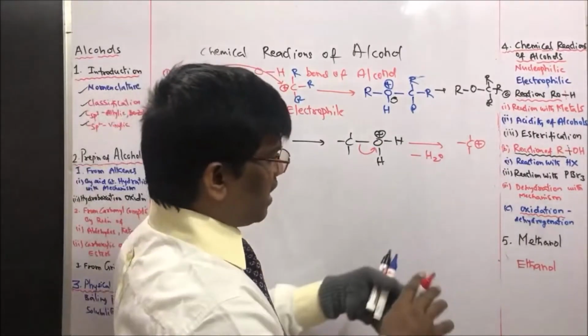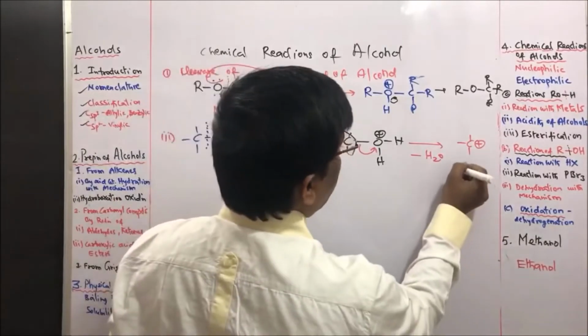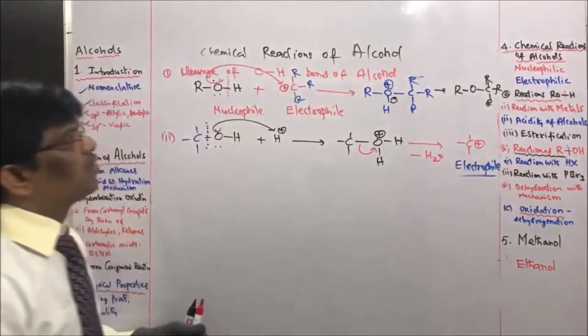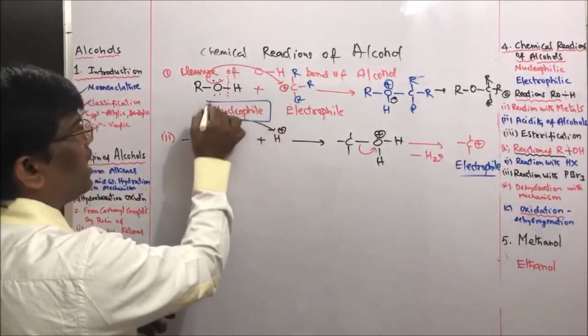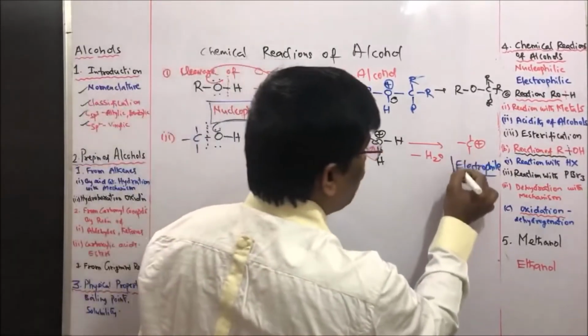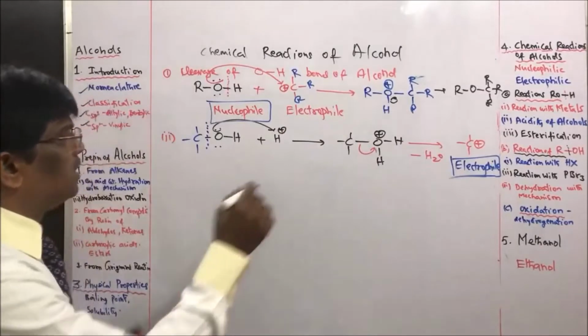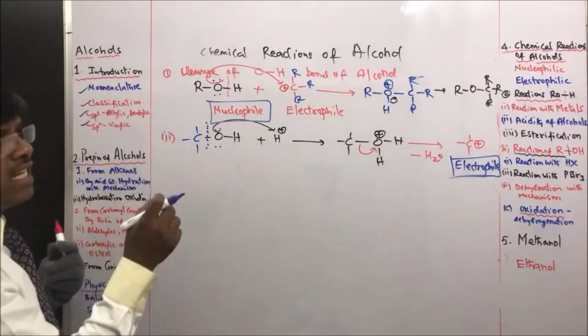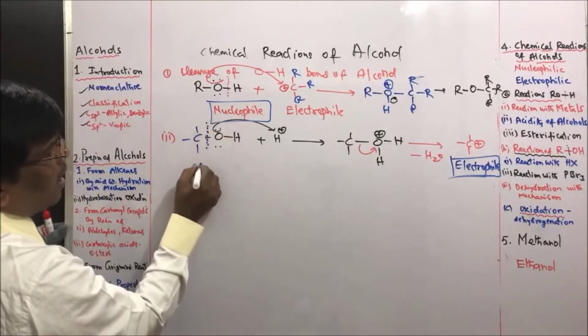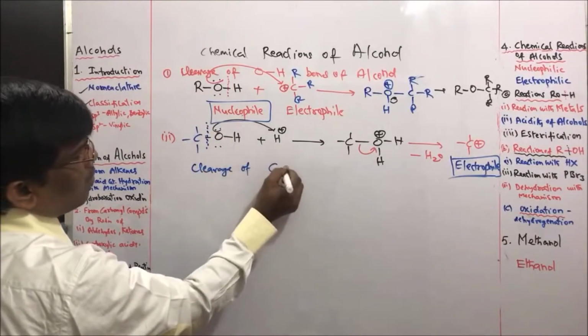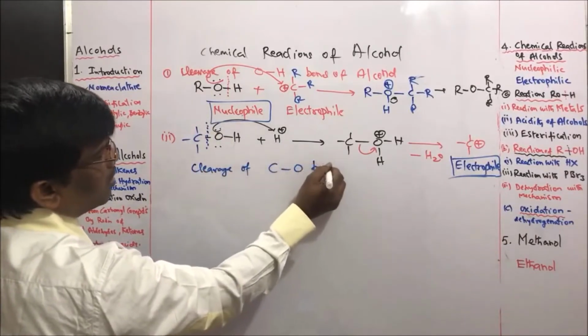This carbocation is an electrophile. So alcohols can act as a nucleophile as well as an electrophile in reactions. This electrophile nature comes from the cleavage of the carbon-oxygen bond, which gives the electrophile.